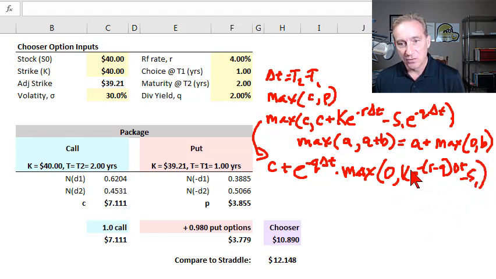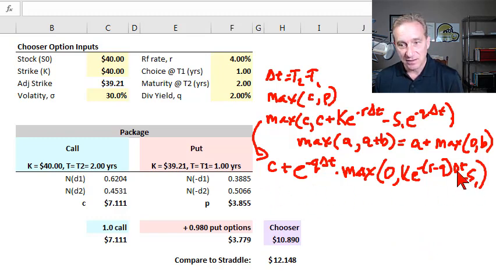The dividend discount is distributed across this term, and that's why this negative r becomes a negative quantity r minus q, and that's delta t.